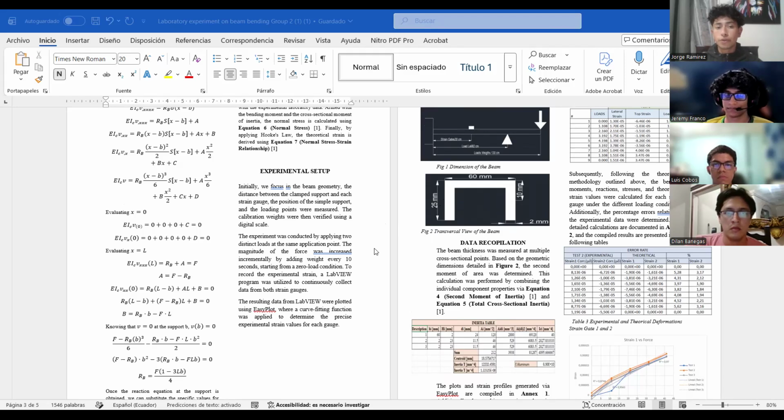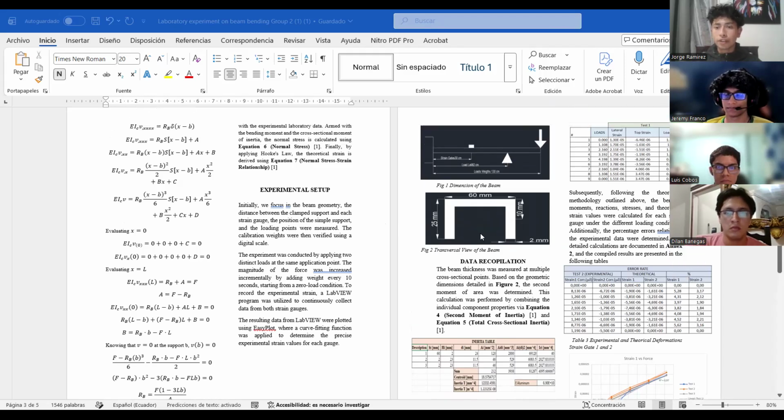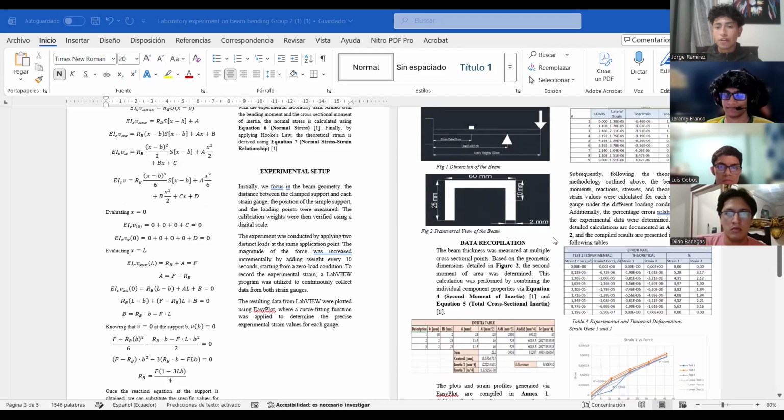After that, we use the software. We use two programs, in this case LabVIEW and EasyPlot, to recover all the data. Basically, we collect the electrical signal when we have a load on the beam and how it changes over time when we put one load and then another load, and before that, when we take off all the weights.